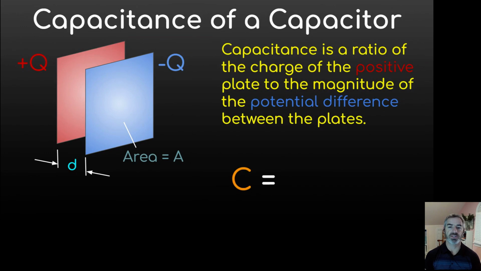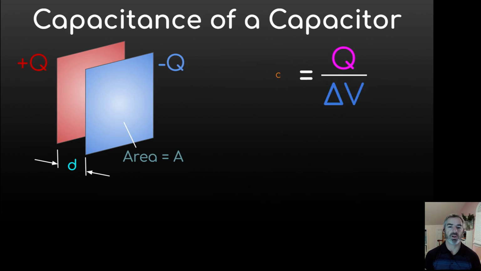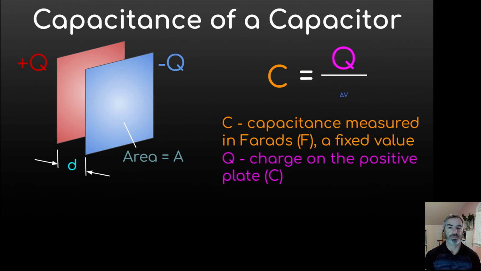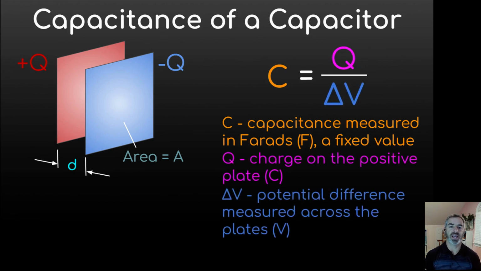So capacitance is equal to the charge divided by the potential difference across those plates, C equals Q over delta V, where C is the capacitance measured in farads, which is a fixed value. Q is the value of the charge of the positive plate, and delta V is the potential difference measured across the plates, and that's measured in volts.